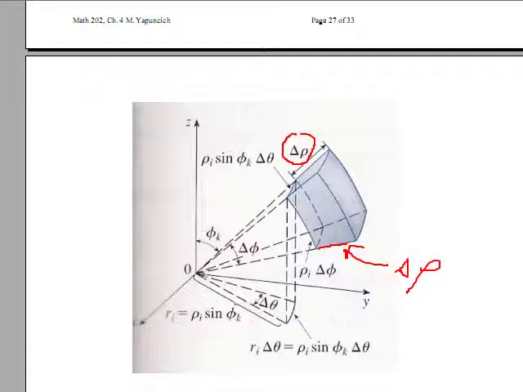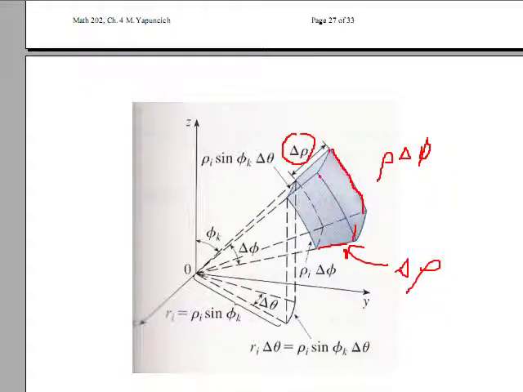Now when you look at the others, this is a volume element, so it has three sides. You have this side along here, which is not a straight line. Okay, it is an arc of a circle. So it's rho times d phi. Okay, rho delta phi. That would be this little part right here.